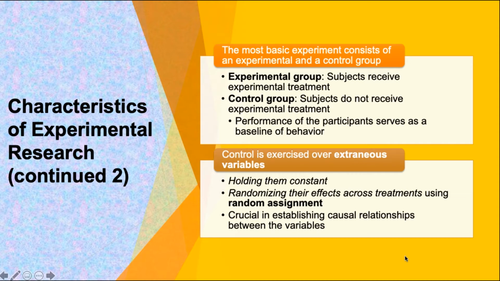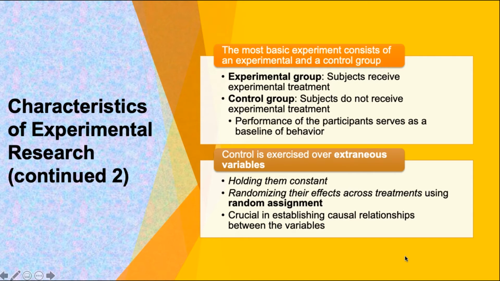So, in this most basic of experimental designs, the group receiving the treatment is called the experimental group, and the other group is the control group. The control group is treated exactly like the experimental group, except that it is not exposed to the experimental treatment. So, the performance of the participants in the control group provides a baseline of behavior against which the behavior of the participants in the experimental group is compared.